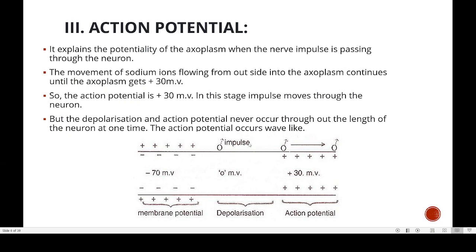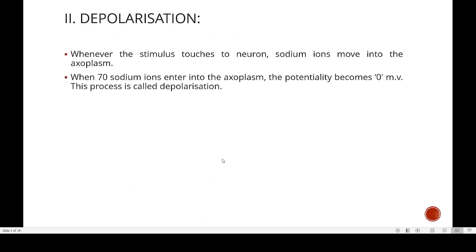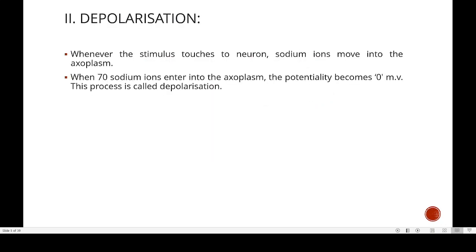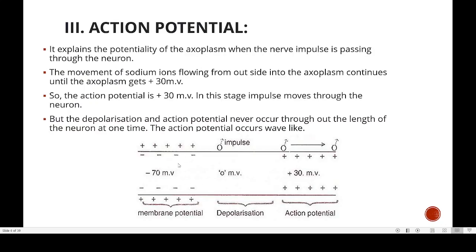So when there is some kind of impulse, at the site of the impulse, some amount of sodium ions will be moving into the cytoplasm. Normally, the charge here is minus 70. Now what happens is that when 70 sodium ions enter into the exoplasm, the potential becomes 0 millivolt. That you have to understand. See, this is the first situation. What is the charge here? Minus 70. That minus 70 negative charge is coming because of the presence of some extra negatively charged protein.